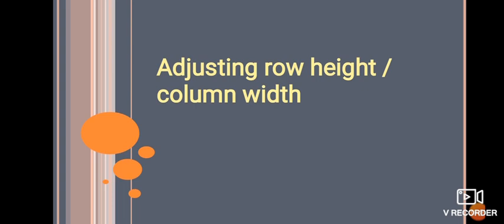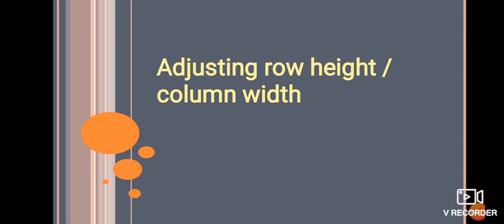Okay, now come to the next topic. What is this? Adjusting row height and column width. Okay, if you want to adjust the row height, you have to follow some steps.